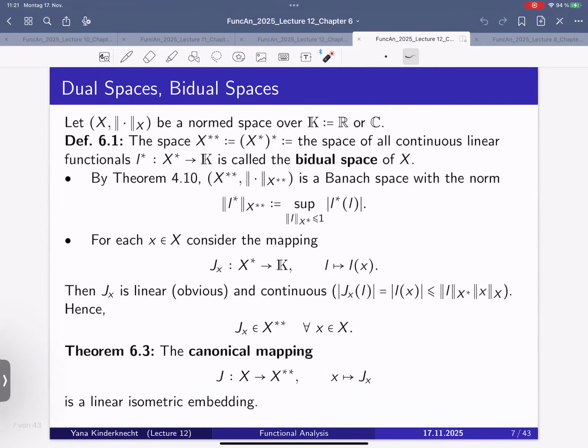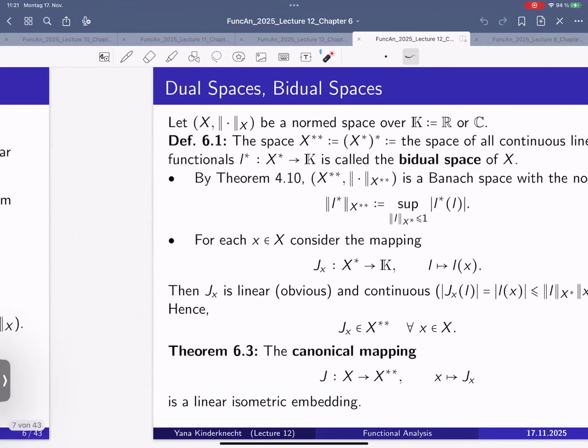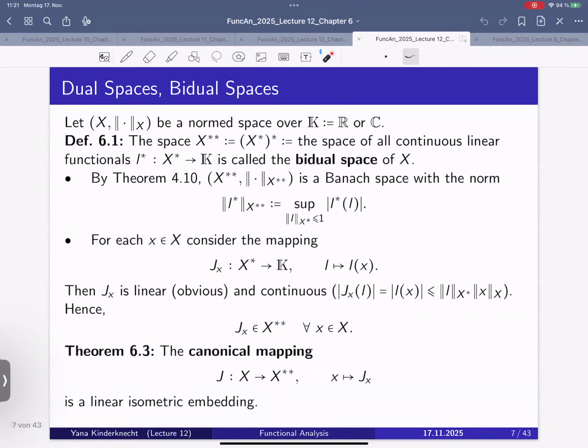Theorem. This mapping, so I guess I have, yes, this is written now. Now I may consider the following mapping. This is the so-called canonical mapping, the canonical embedding of the normed space X into its bidual. And this canonical mapping works as follows.